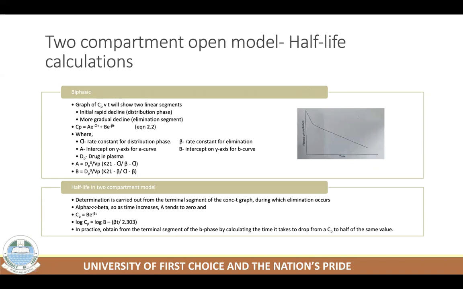Now, when you have this biphasic plot, we don't have a straight line graph, but that shows you that at this point you're having equilibration happening, and then at this point you're having elimination from the central compartment beginning to determine the concentration that is left in blood. So this at least adequately shows us that there are two phases in this compartment that we're talking about.